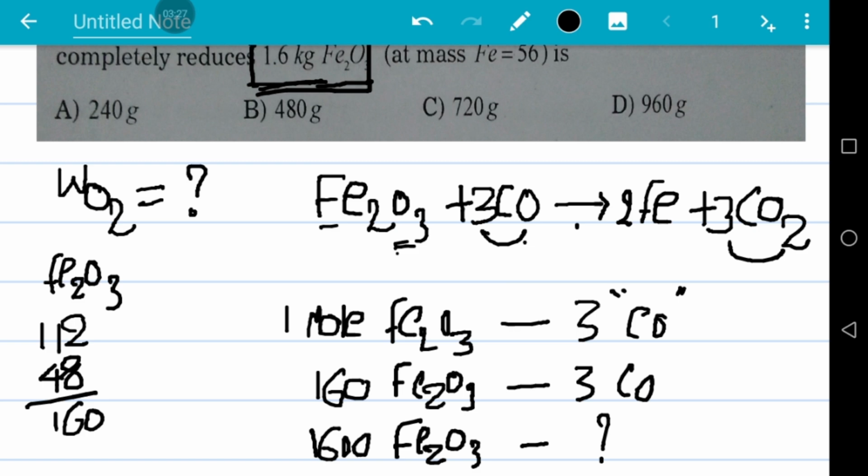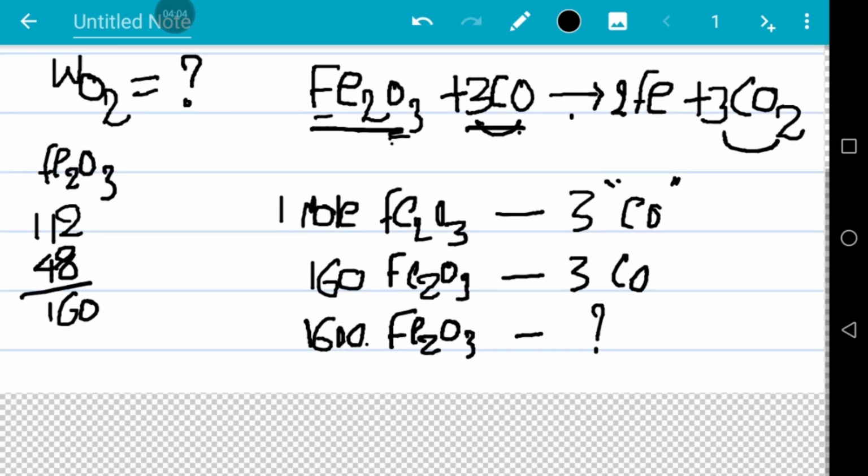Because from the equation, 1 mole of Fe2O3 is reduced with 3 moles of CO, and 1 mole of Fe2O3 weighs 160 grams. So 160 grams of Fe2O3 is reduced with 3 moles of CO. But they are asking for 1.6 kg, which is 1.6 into 1000, 1600 grams of Fe2O3. How many moles of CO do we have to calculate.